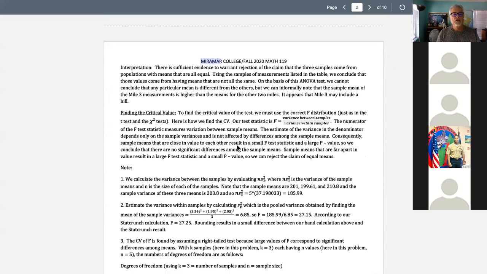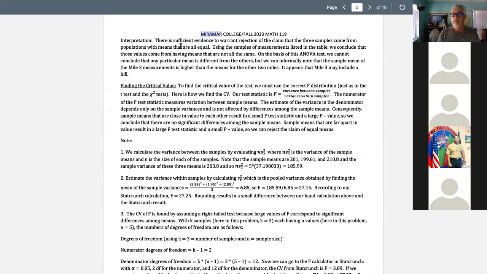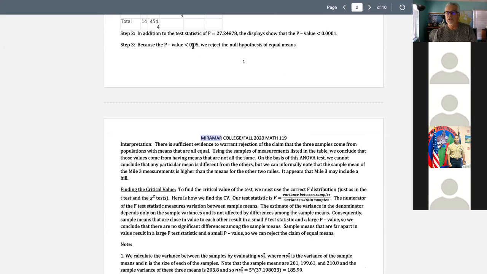So here's a paragraph summarizing our decision making. In StatCrunch, we calculated the F statistic, we calculated its probability value, and we made a decision of whether to reject or not. So let's read it up here. There is sufficient evidence to warrant rejection of the claim. That came right out of the previous step 3, comparing the p-value for that F-stat.